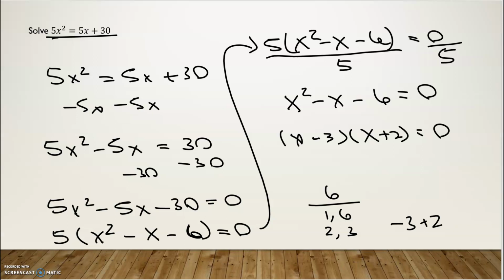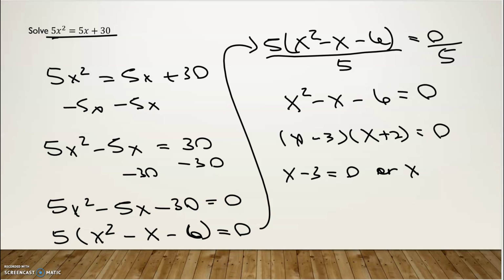Negative 3 plus positive 2 gives me a negative 1. By the zero product property, x minus 3 equals 0, or x plus 2 equals 0. So x equals 3, or x equals negative 2.